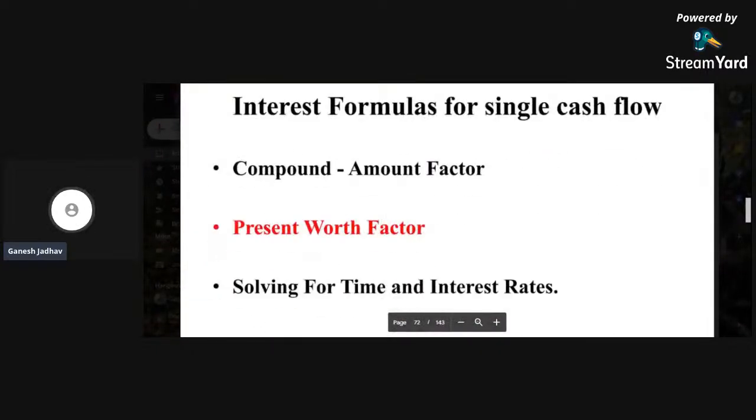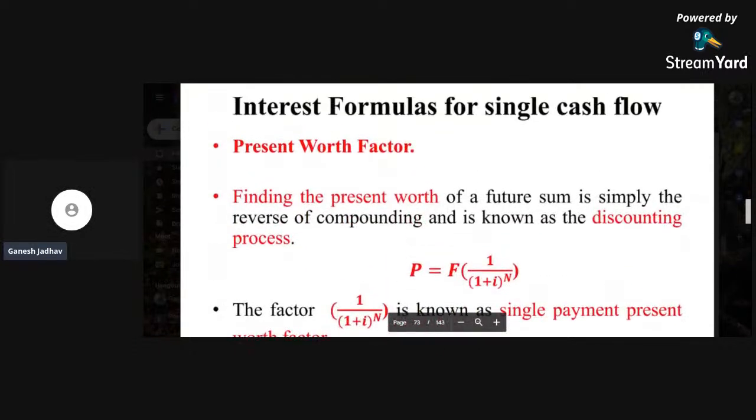Then we move toward the present worth factor. Okay, what is present worth factor? Finding the present worth of a future sum is simply the reverse of compounding and is known as the discounting process.